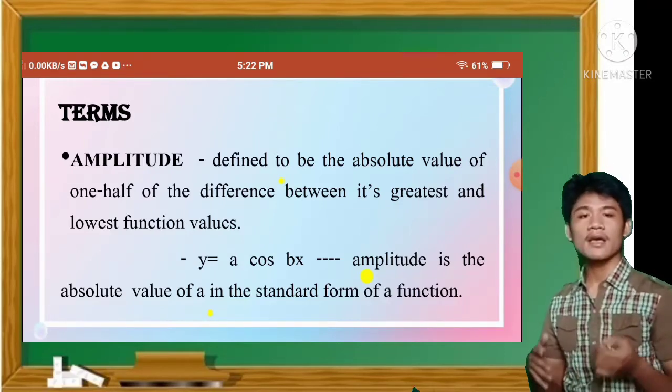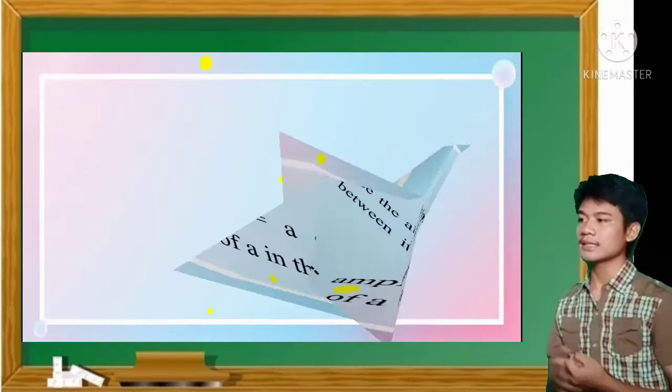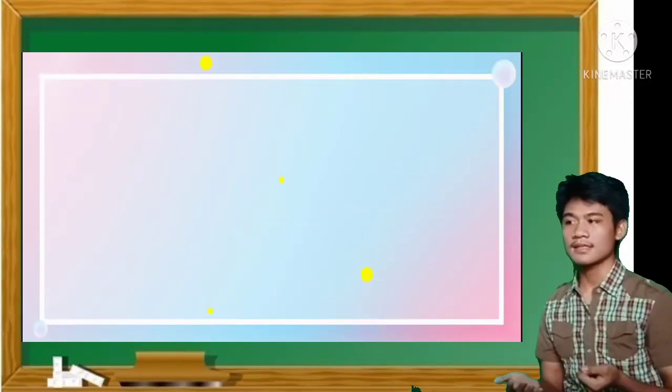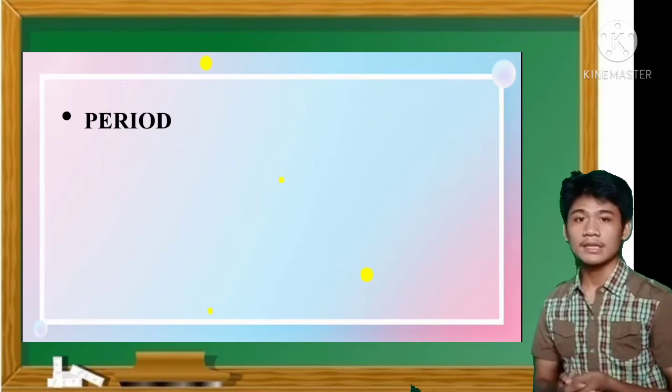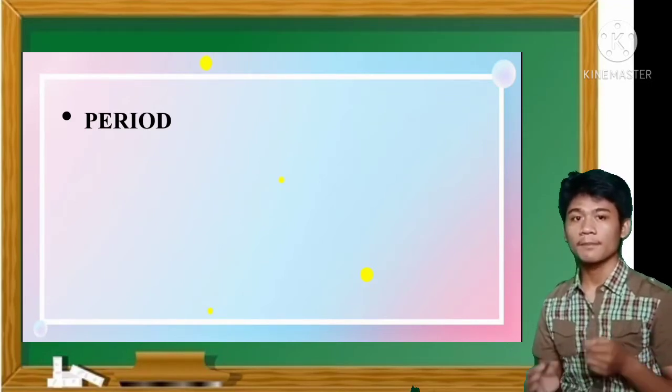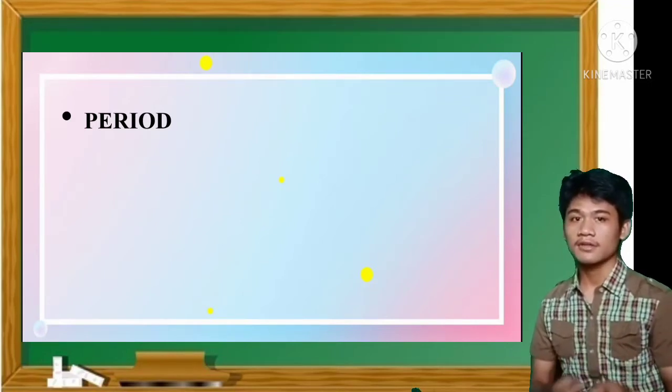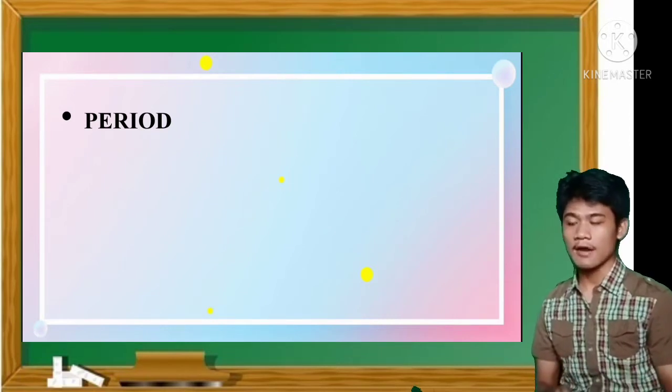Next is the period. Period defines the number of cycles, and it will help us determine the key points in a given cosine graph.